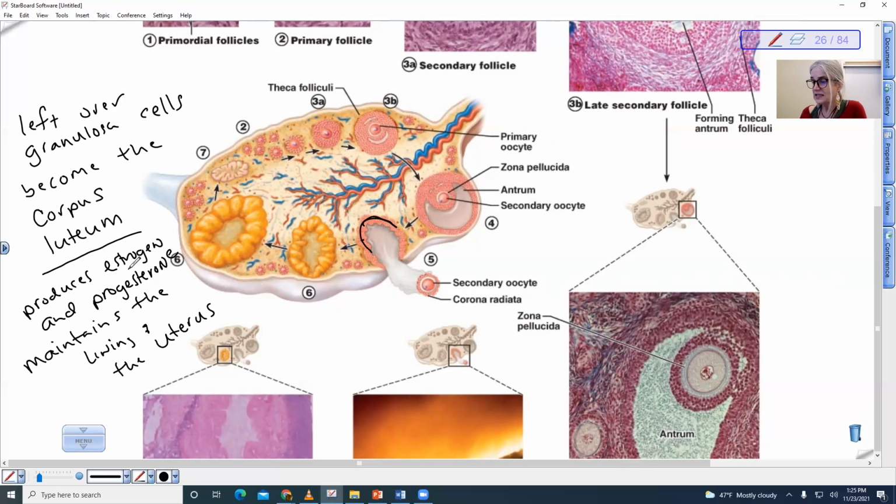When it degenerates, your estrogen and progesterone levels fall, and so menstruation is going to occur if the corpus luteum degenerates. These are the structures that you need to be able to identify and know their function in terms of the structure of the ovary and the roles that it plays in regulating the uterine cycle.